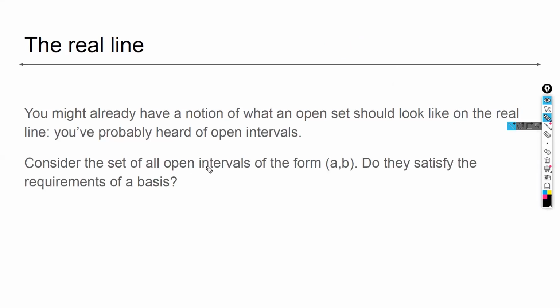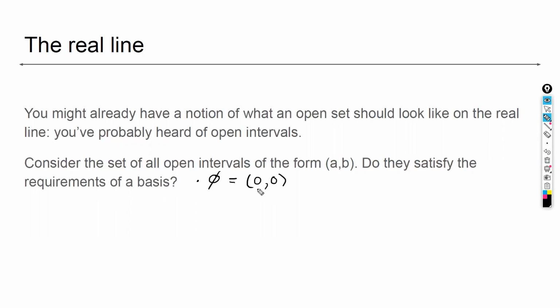Now, consider the set of all open intervals of the form (a, b). The question is, do they satisfy the requirements of a basis? To answer this question, all we need to do is check all of the axioms. The first axiom is the empty set. Is it in the basis? Well, I can write the empty set as the open interval (0, 0).